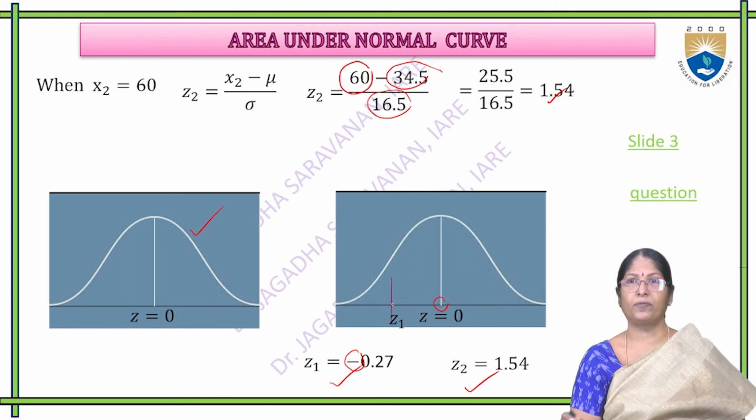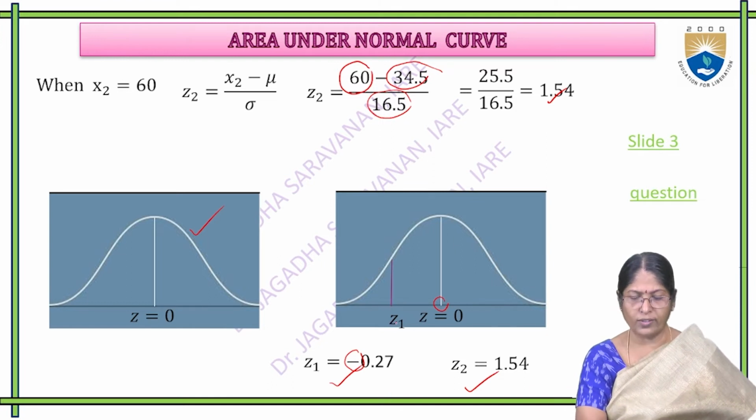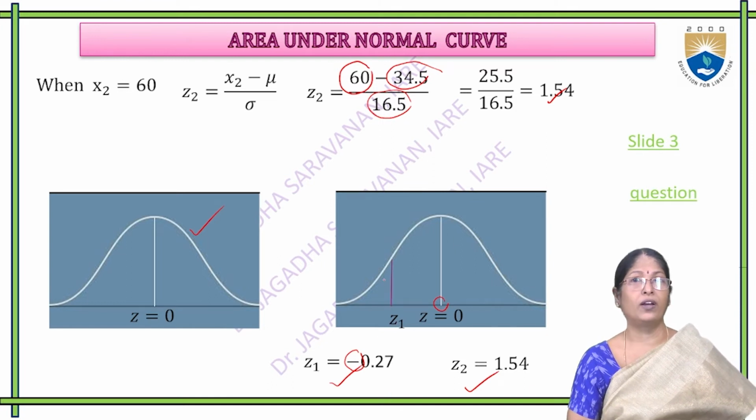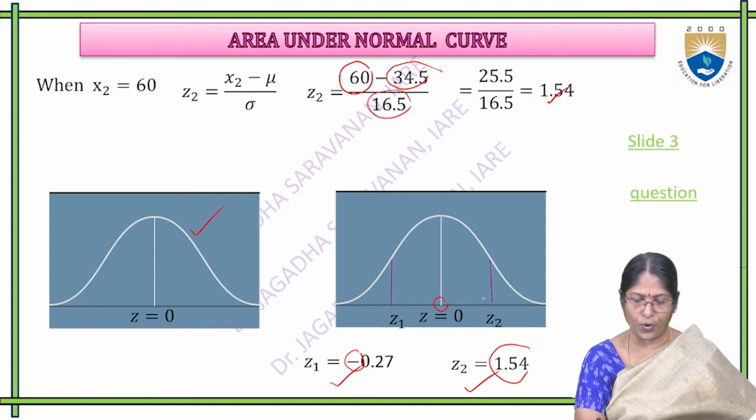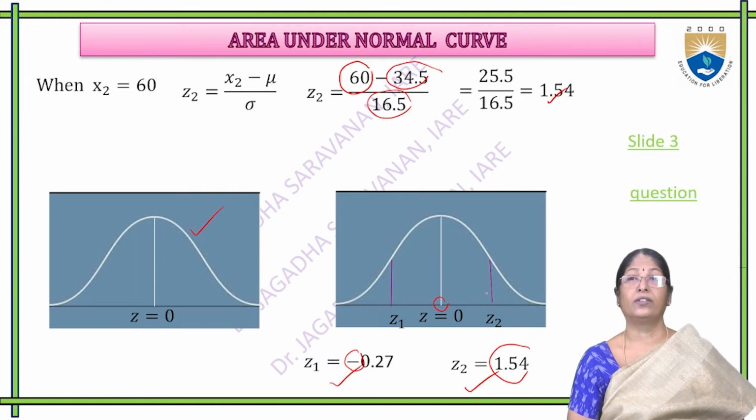So it is placed at the point z1. We have drawn a vertical line to touch the normal curve. Next, our point is z2 equal to 1.54. So at the point z2, we have drawn a vertical line.